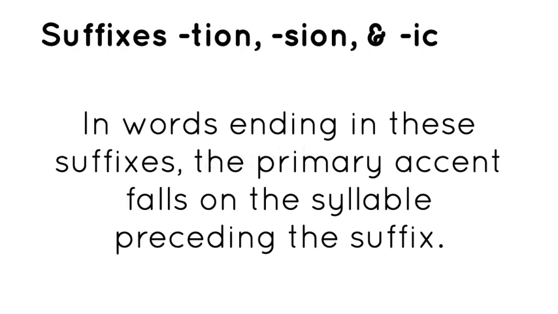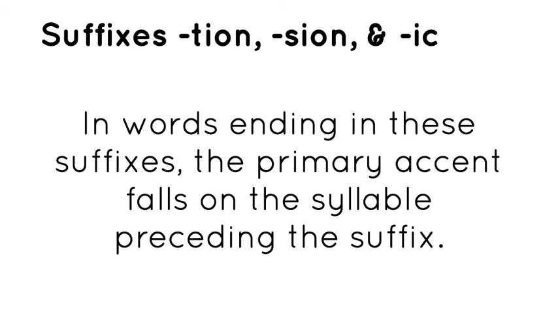Now, we've talked about affixes already and how they form their own syllables and they usually take place in the root word. There are some suffixes, shun, shun, one with a T, one with an S, and ick, that change the nature of what a word means.